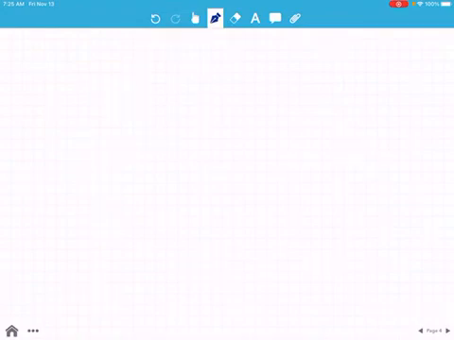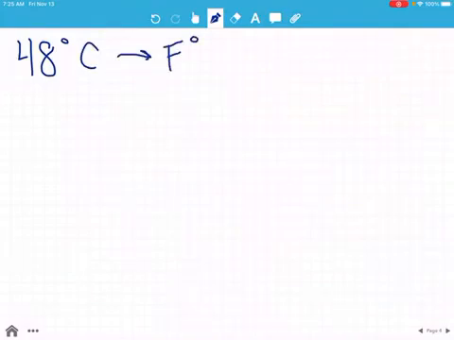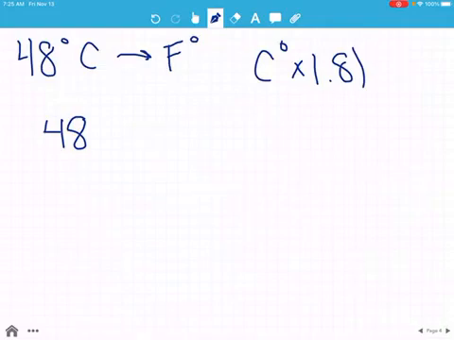Let's say we're talking about 48 degrees Celsius. And we want to know what that is in Fahrenheit. In that formula, you will put 48 in for Celsius. Because remember, the formula is Celsius times 1.8 plus 32.